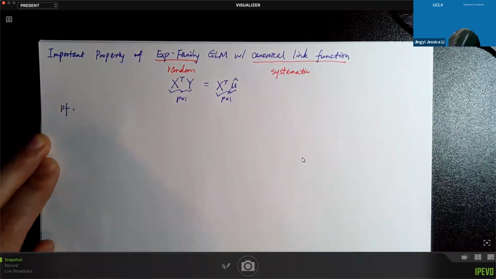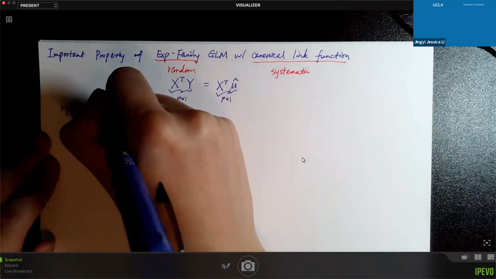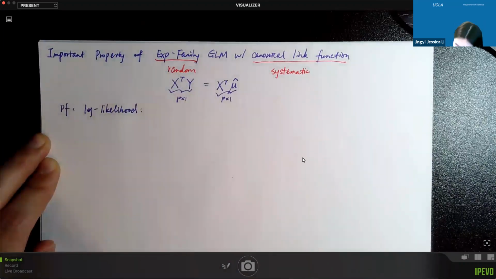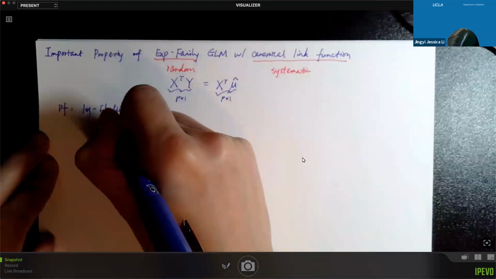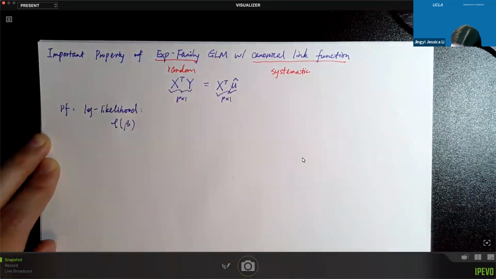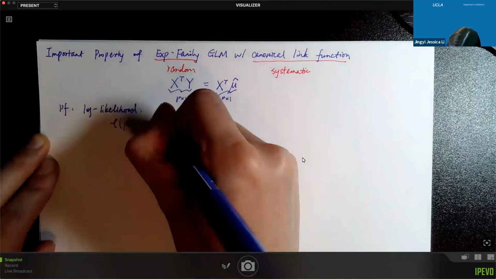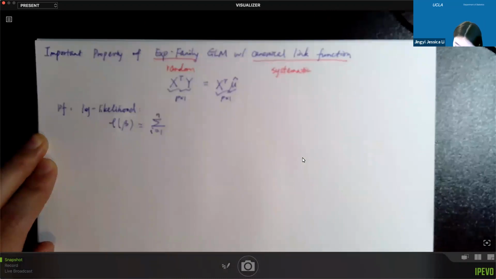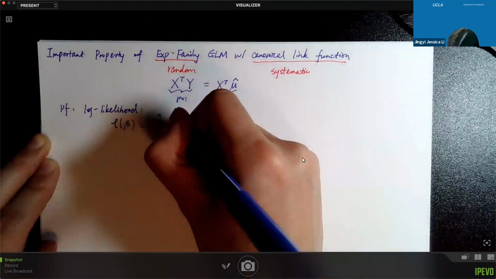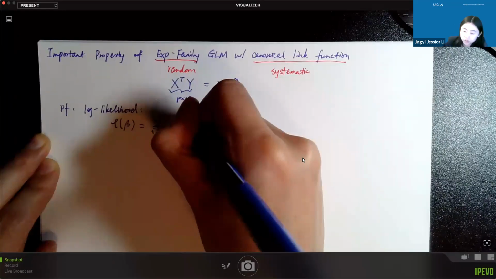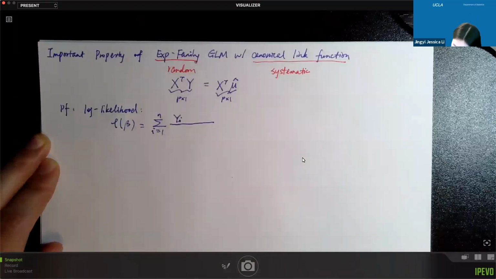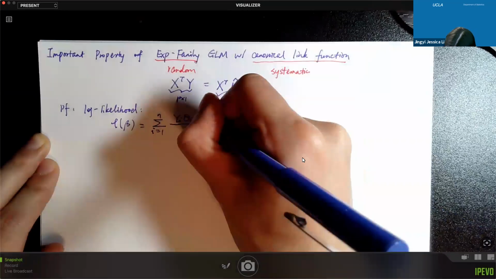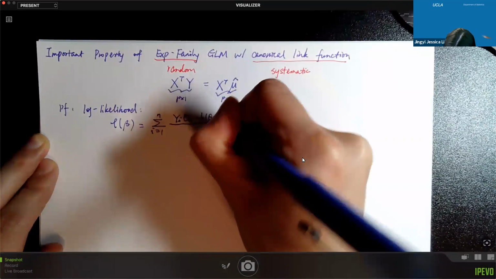So the log likelihood of beta, which is our key parameter of interest, has this form: lowercase l equals the sum over i from 1 to n. I'm writing the log density of the exponential family. Yi is the observation of the ith response, theta i, the location parameter, minus b theta i, divided by a_i phi.